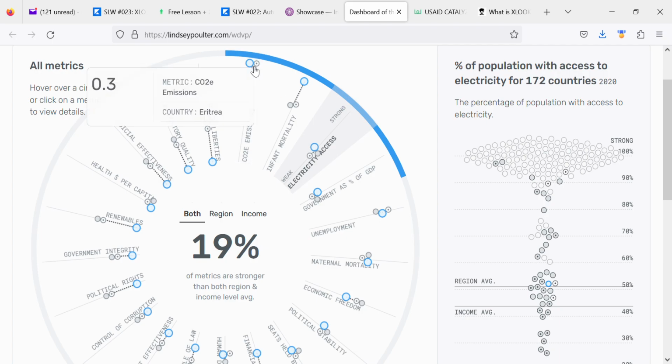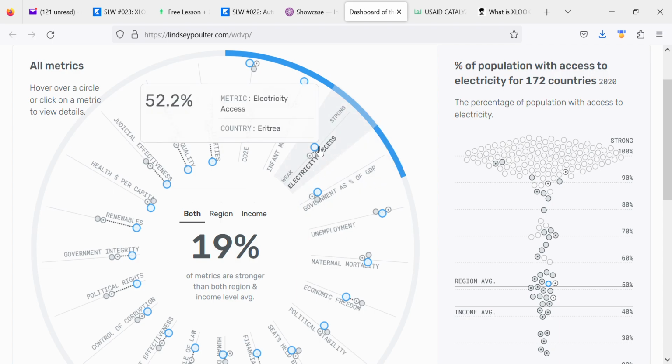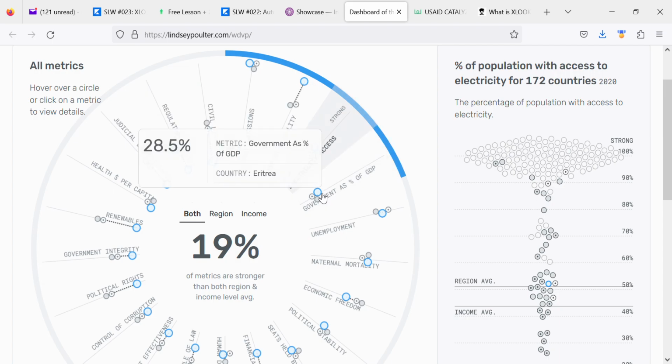In the area of carbon dioxide emission, 0.3, and infant mortality is 2.7. The other is electricity access is 52.2%, and the government spending is 28.5%. So those are the strongest areas for Eritrea.